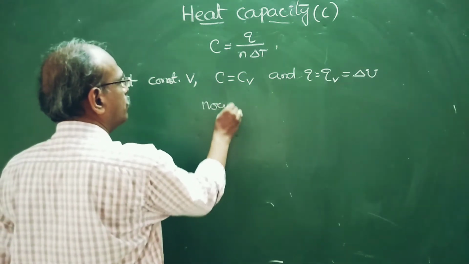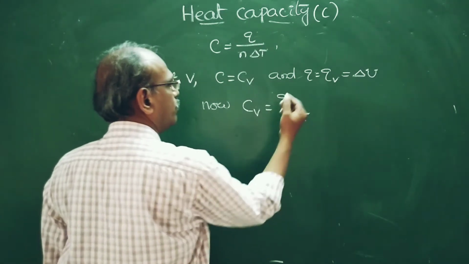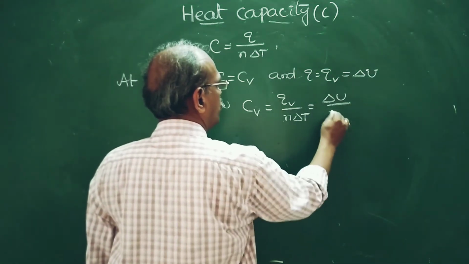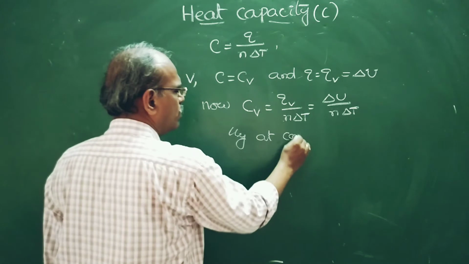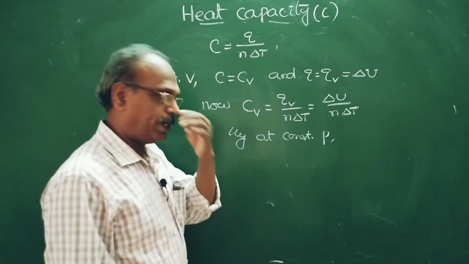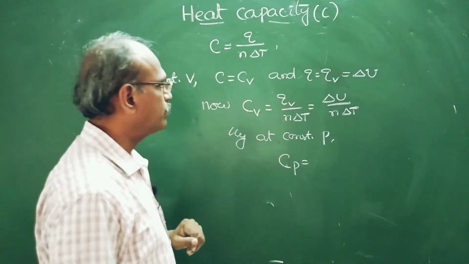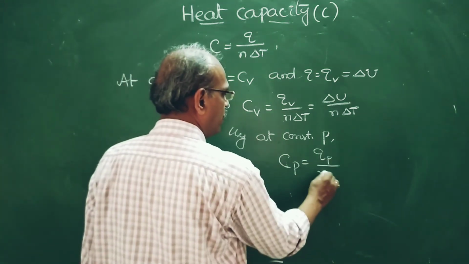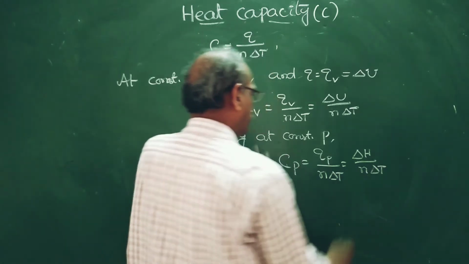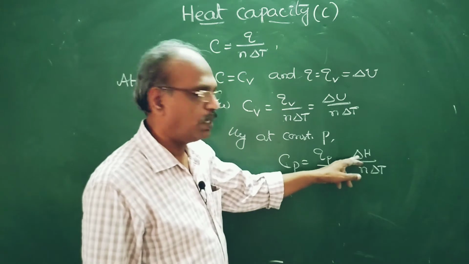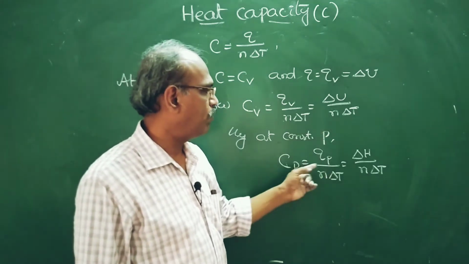Now, how do you write it? Cv is equal to Qv by n delta T, or that is equal to delta U by n delta T. Similarly, at constant pressure, C is equal to Cp, and this is Qp by n delta T or delta H by n delta T. Because Qp is equal to delta H, I have shown this relation in the previous videos on internal energy and on enthalpy.